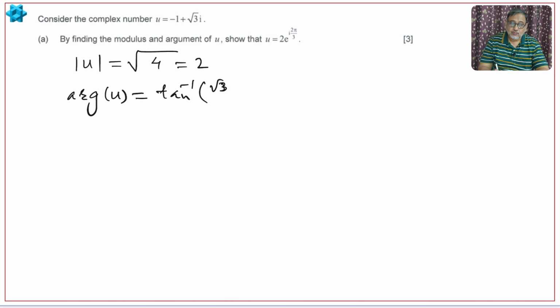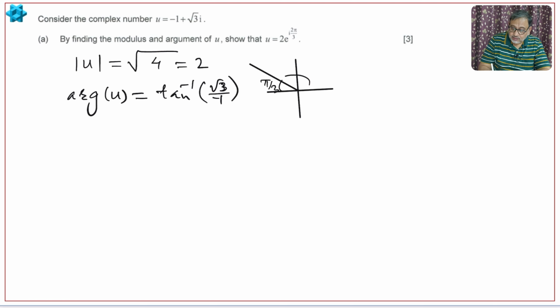Argument of u will be tan inverse of root 3 by minus 1. The real part is negative, so it means it is in the second quadrant. In the second quadrant, pi by 3 becomes pi minus pi by 3, which is 2 pi by 3. So the argument of u is equal to 2 pi by 3.